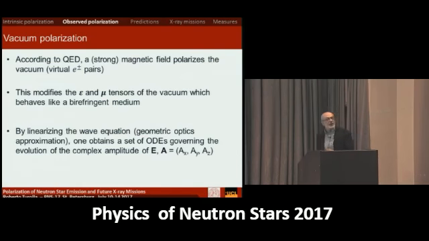I'm not considering in this case any contribution from matter, so it is a polarized vacuum. According to QED, this vacuum is polarized, so it's full of virtual electron-positron pairs because of the presence of a very strong magnetic field. The first consequence is that this modifies the dielectric and magnetic permeability tensors of the vacuum, which in this case behaves like a birefringent medium.